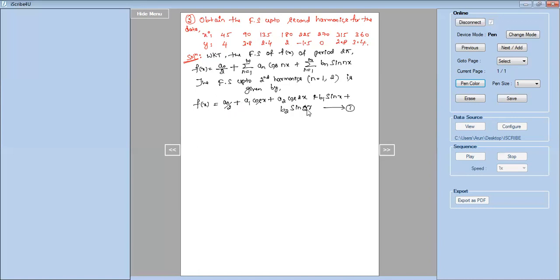You know a0 can be obtained by a formula: 2 by capital N into summation y. For an, the formula is 2 by capital N into summation y cos nx.